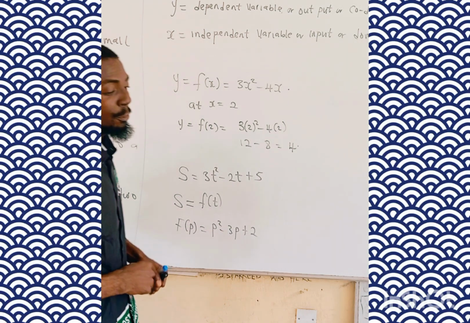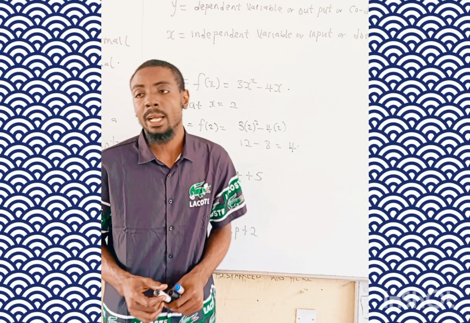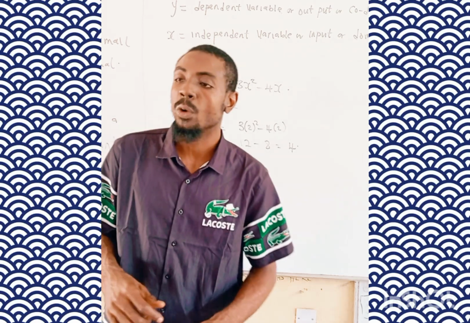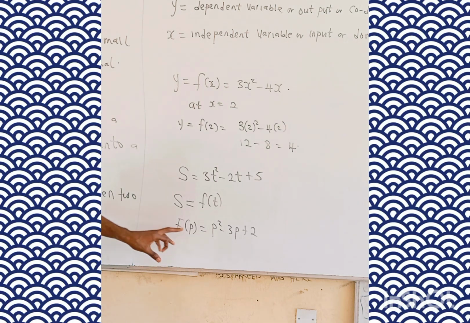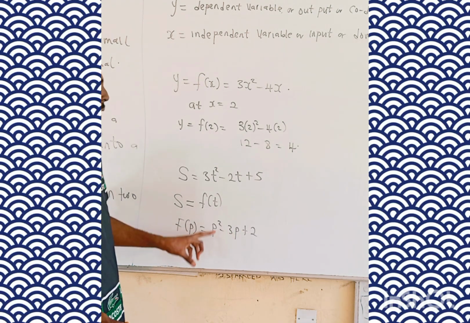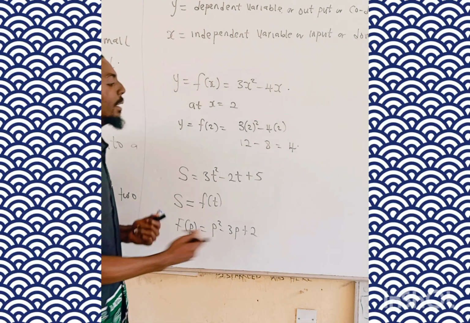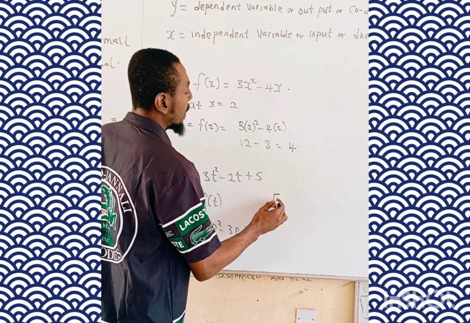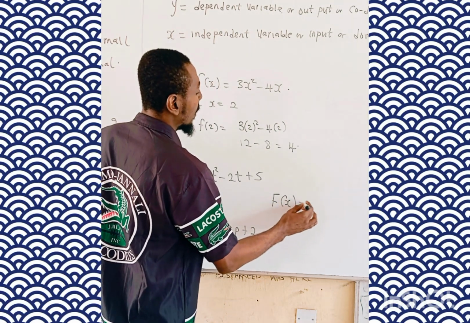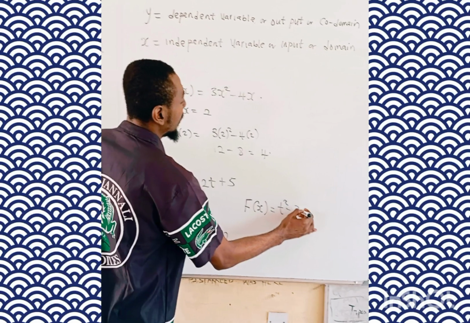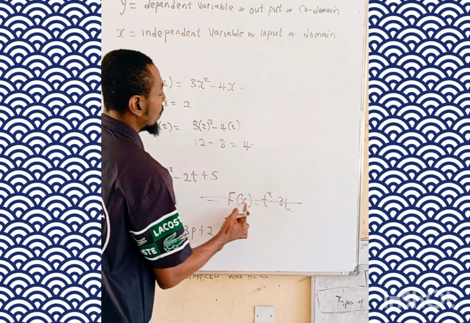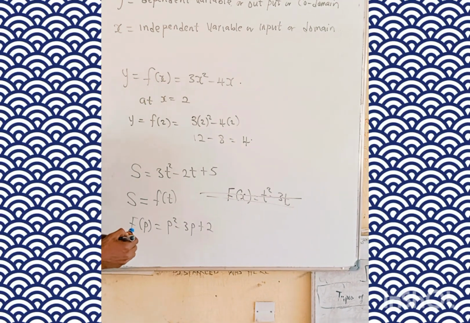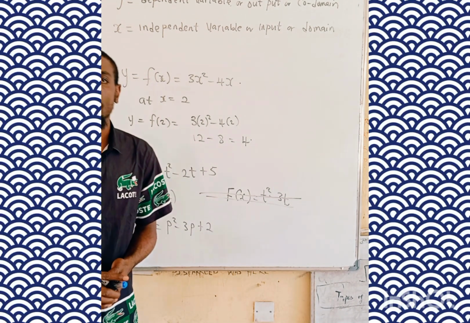So be mindful when you define a function: ensure that the variable in question corresponds with the function you are defining. There is nothing like f of x equal to t squared minus 3t; you must maintain the same variable which you depict.